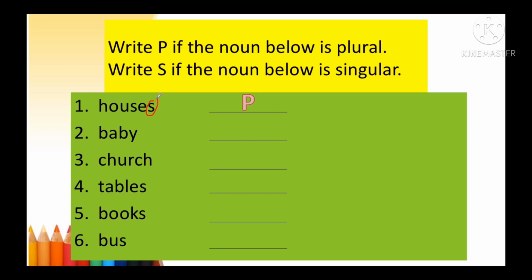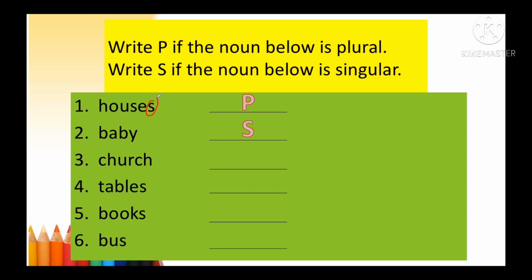Number 2, baby. If you have a baby brother, that means it's only one. So if that is only one, we will answer S. Alright. 3, church. Church is just like a temple in the other country.